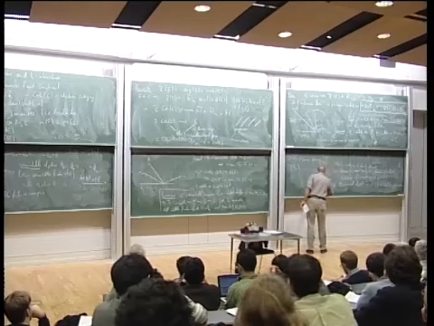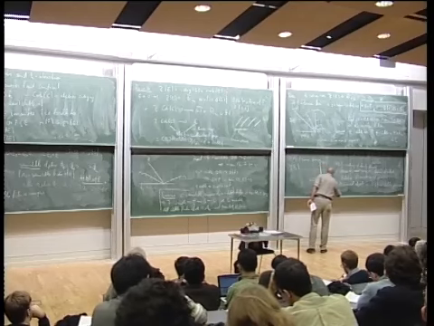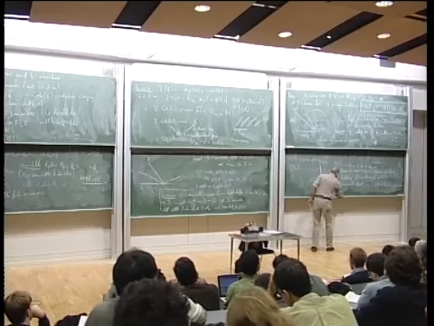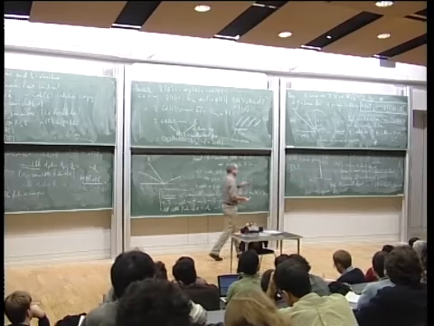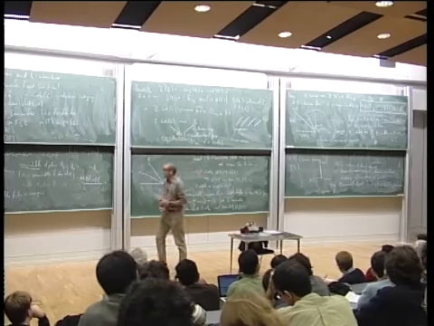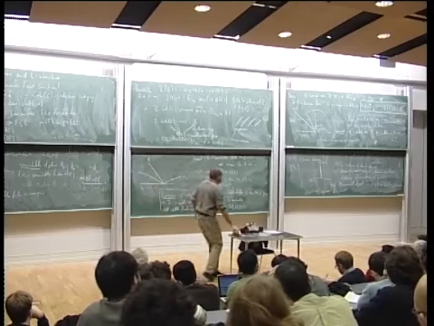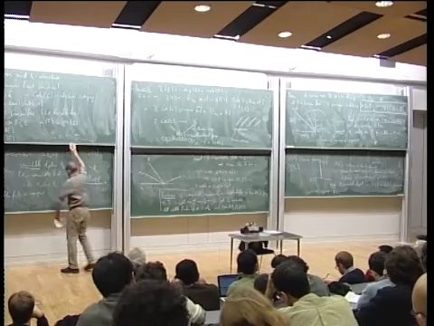So, for instance, for phi equals 1, these are just the skyscraper sheaves again. Okay. So, I need some more notations.